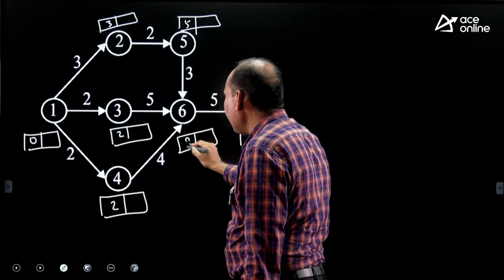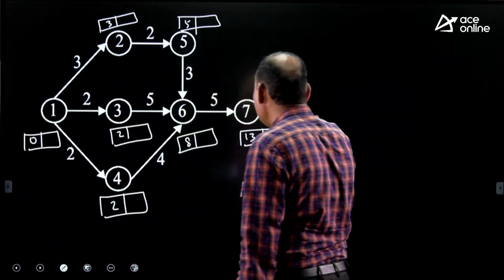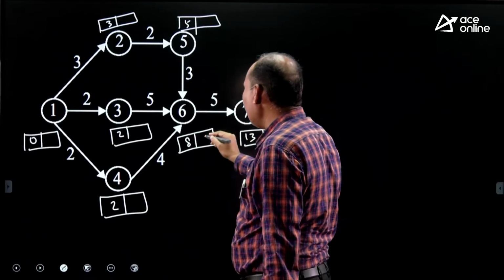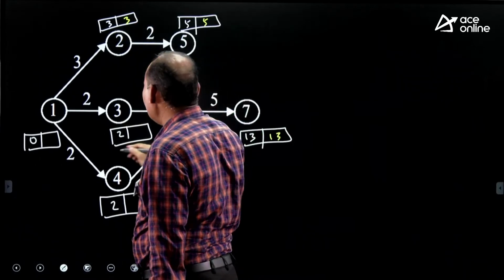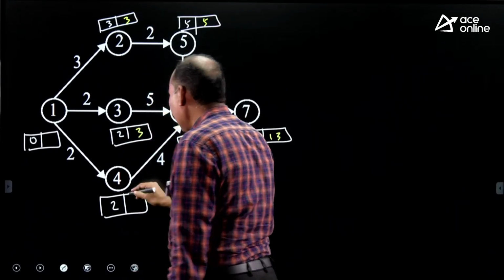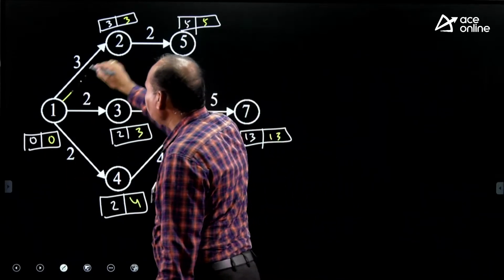So what is the highest value? 8, 13, and the same you can copy, maybe here I have 13. 13 minus 5, 8, 8 minus 3, 5, 5 minus 2, 3, and this one 8 minus 5, 3, 8 minus 4, 4, 0.